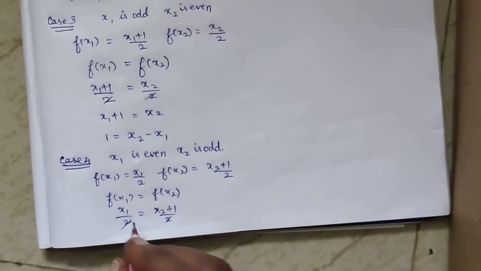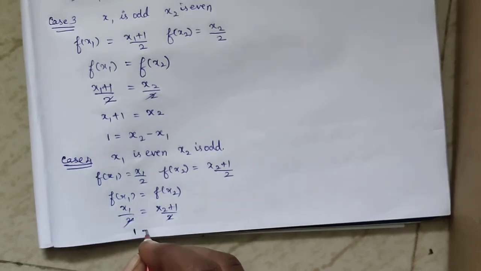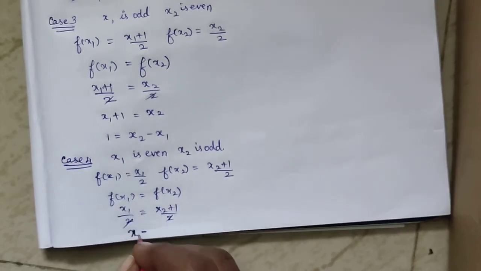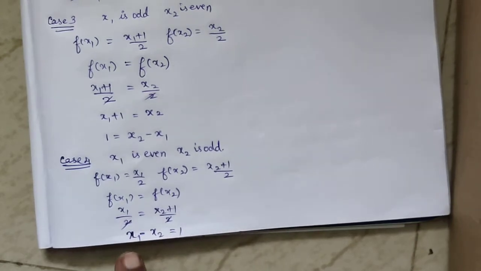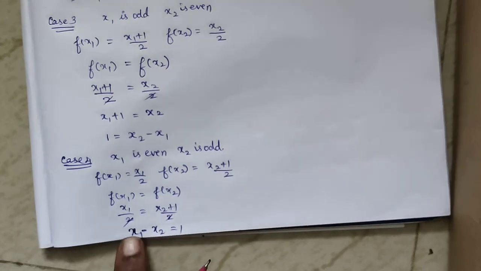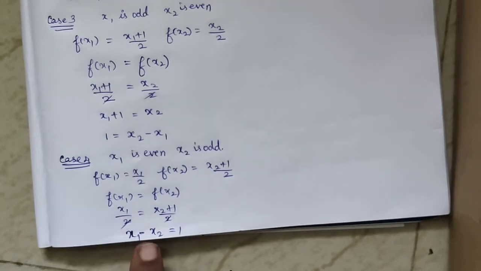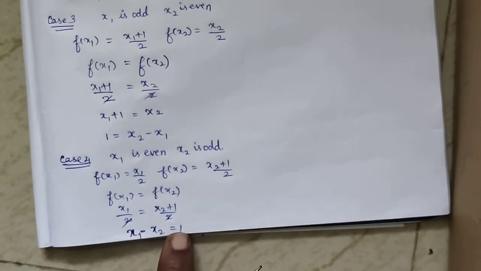The 2 will get cancelled. This we can also write as x1 minus x2 is equal to 1. In this case also I got the difference between the even number and the odd number is 1.